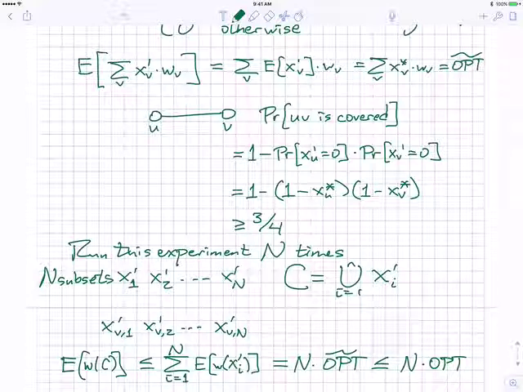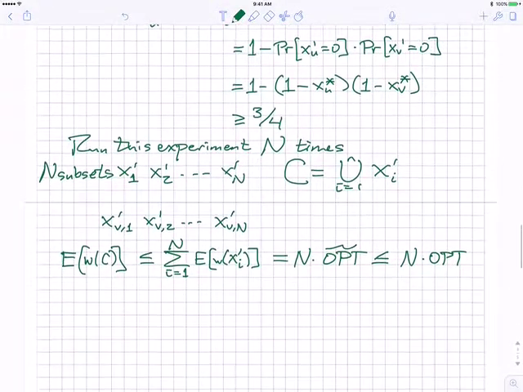If I could guarantee that by running this experiment 5 times I would always get a vertex cover, then I would have a 5 approximation algorithm. Of course, I can't do that, because I'm just randomly marking things according to these biased random coins. There's always going to be some non-zero probability that an edge is going to be unmarked.